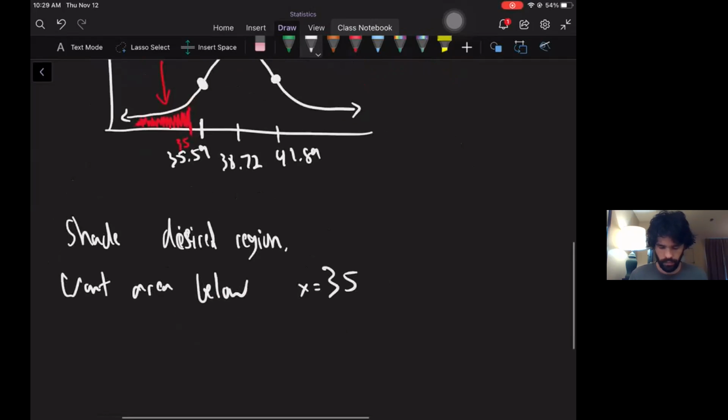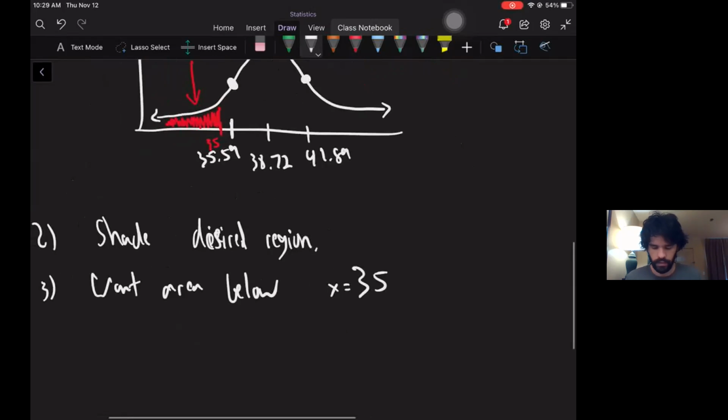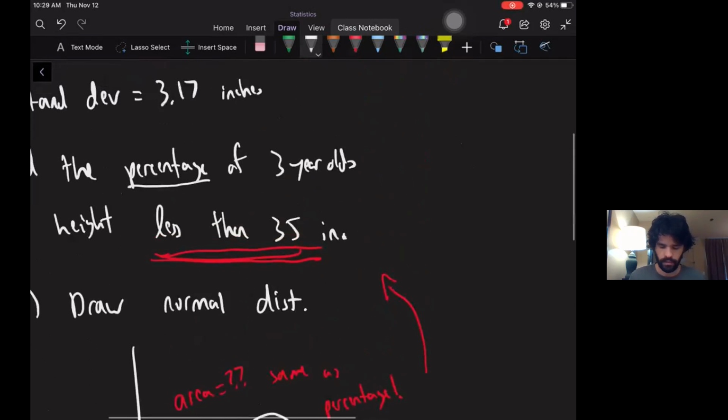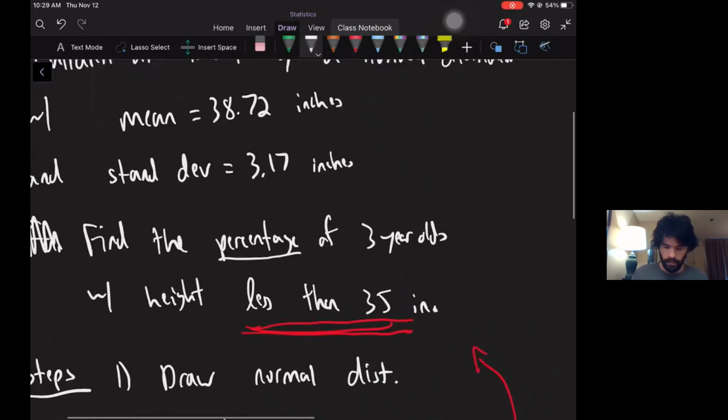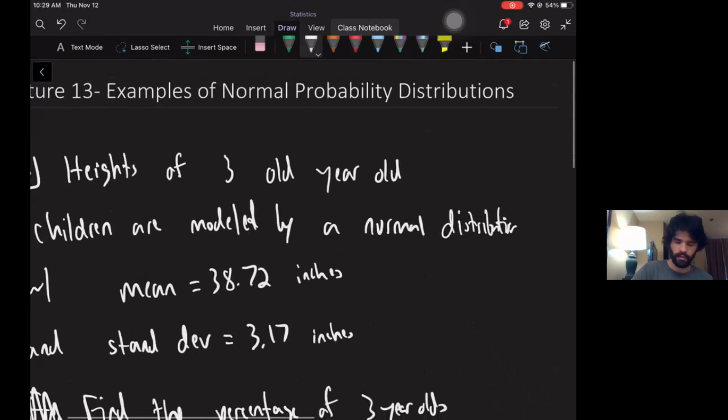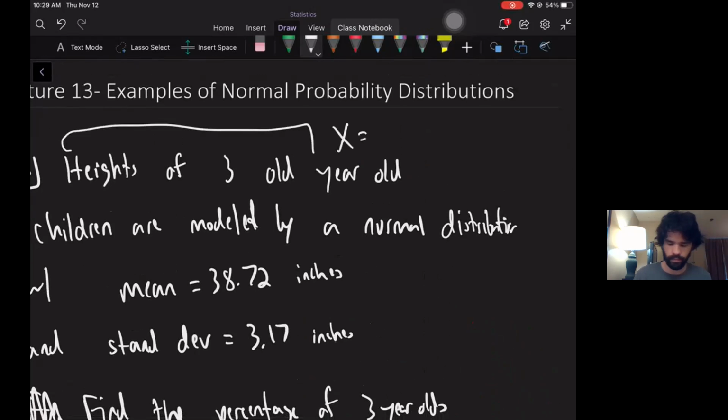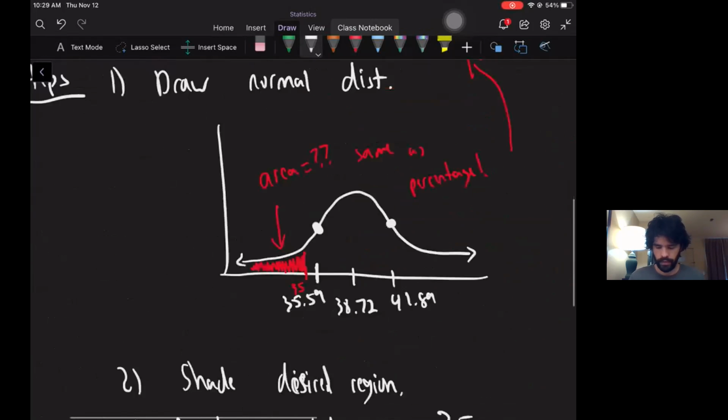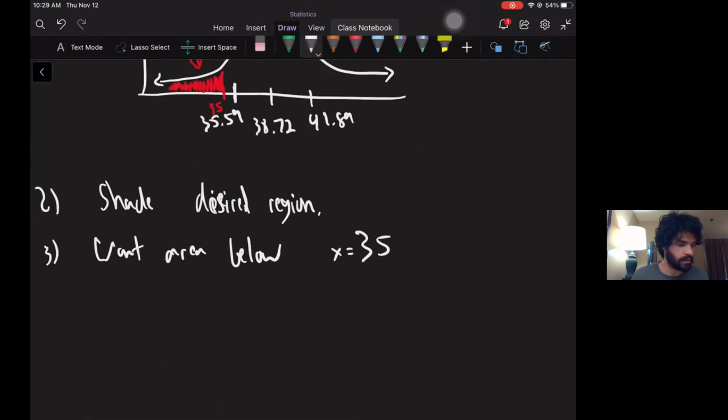I can think of the heights of the 3-year-olds as my random variable x. So all I'm doing is bringing fancy math language to this to make it a little bit more tricky, but it also helps us in a second.